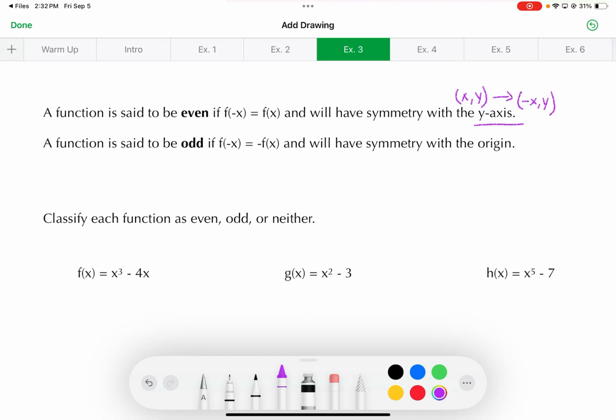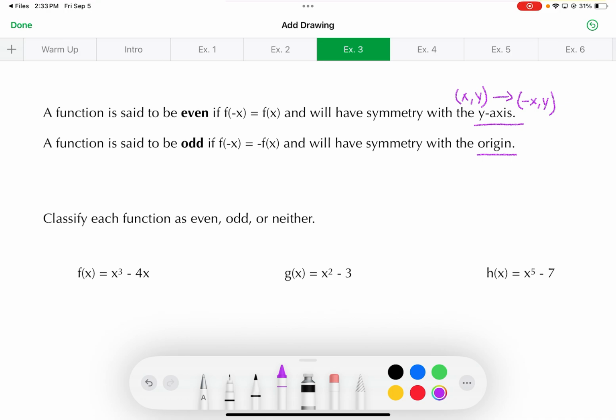And that's what this function notation is showing. If I evaluate the function of negative x, I'm getting the same y as if I evaluated with positive x. They're equivalent.